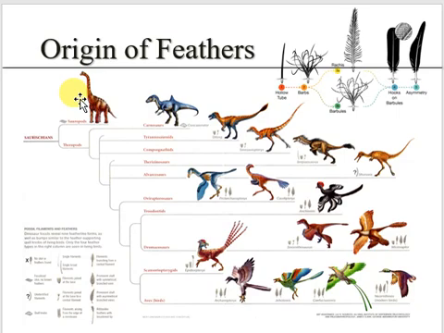Feathers likely arose in a lineage of the theropod dinosaurs. And again, it originally evolved for insulation and then was co-opted in the later stages of evolution, in your later lineages, for facilitating flight and gliding, as well as display, so courting or courtship behaviors.